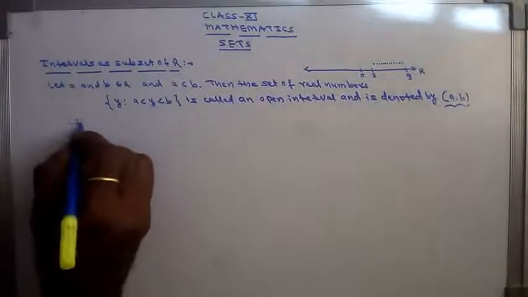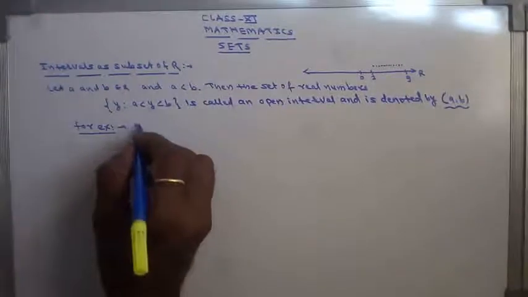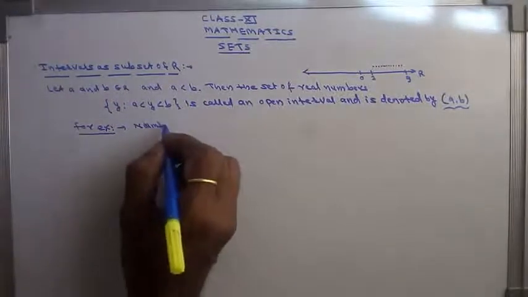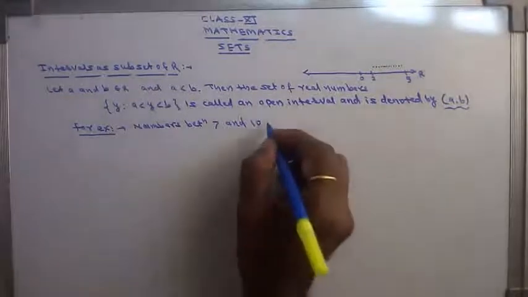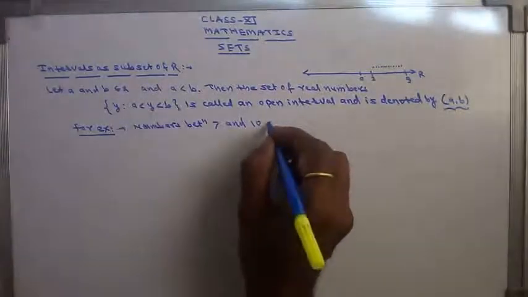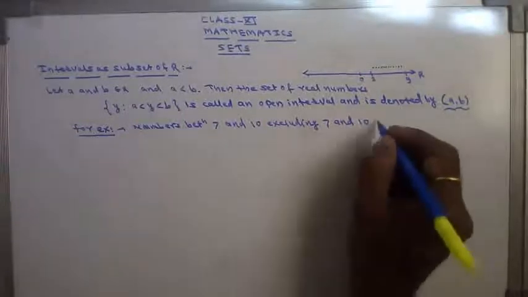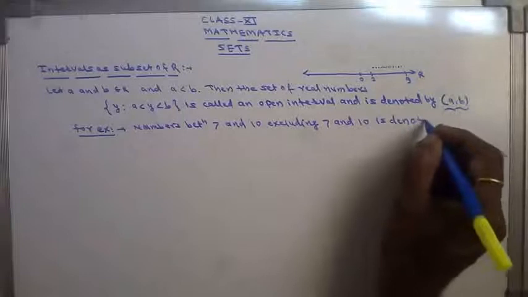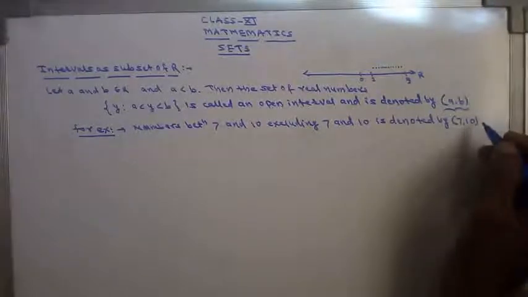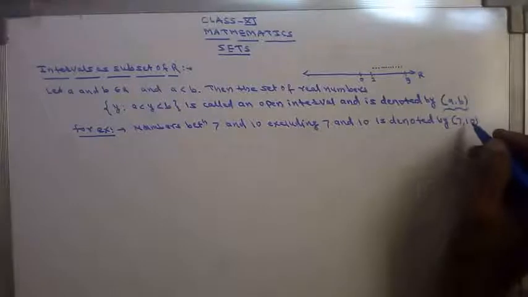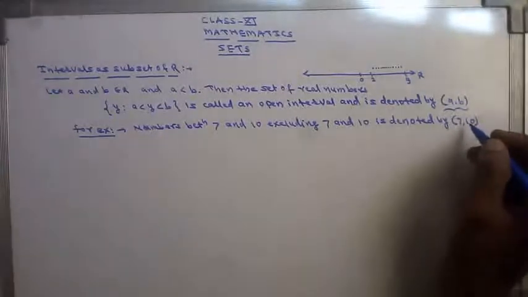Okay, for example, all the numbers between 7 and 10, excluding 7 and 10, are denoted by open interval (7, 10). It means all real numbers between 7 and 10, it may be rational, it may be irrational, fractional, integers, whatever it may be, all the numbers between 7 and 10 but excluding 7 and 10.